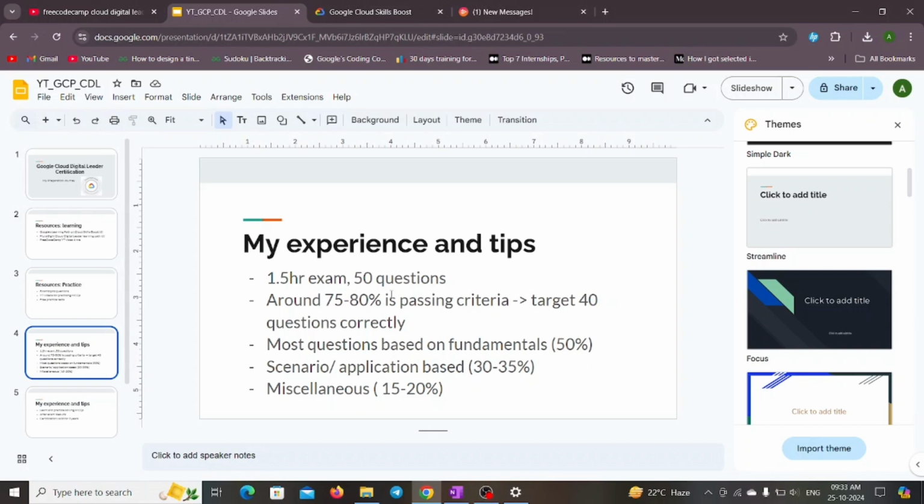Like you'll be asked to design a load balancer, or what should be the best practices for security or deployment purposes, and so on. And 15 to 20% were kind of miscellaneous, based on recent trends, concepts, definitions and so on. But mostly it was on fundamentals.